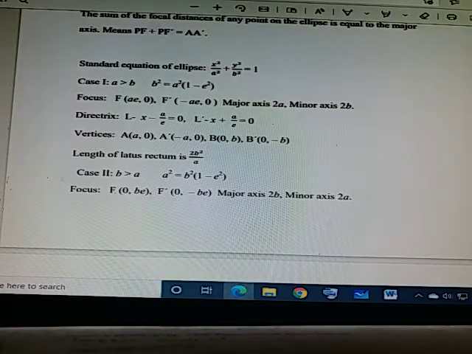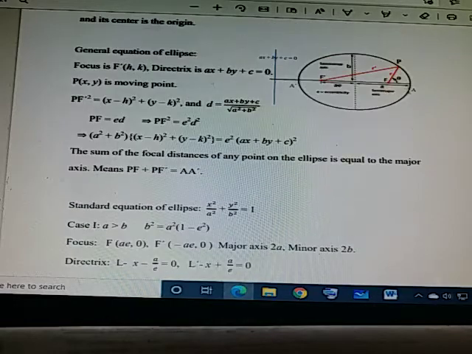So when a is greater than b, this is a, half of this major axis, we say it's semi major axis, and b is semi minor. Here this is x square, a is with a square, means this major axis is along x axis. So b is with y, so minor axis along y axis.